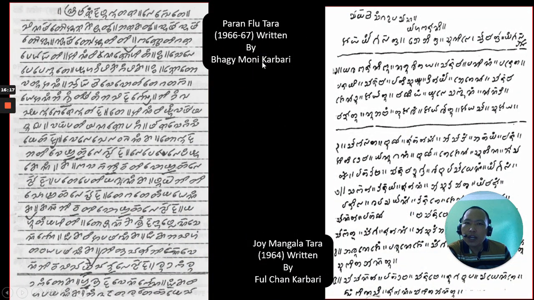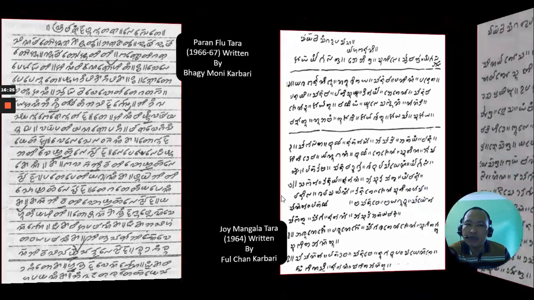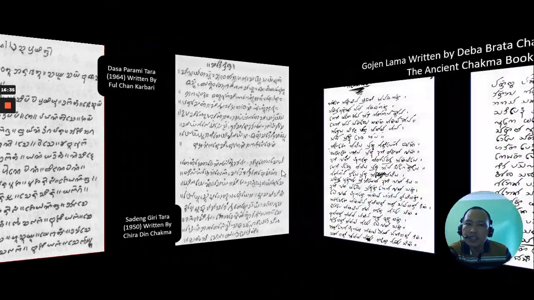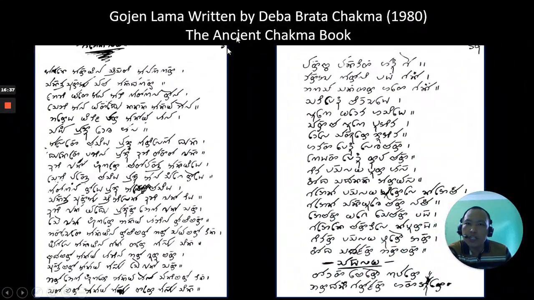Front Flutara Eto. This is the Sangma handwriting style written in 1966, 67, 1964. Dasa Forani Tara 1964, Sadengri Tara 1950. This is the handwriting style. Gozen Lama written by Devabrote Chakma in 1980.